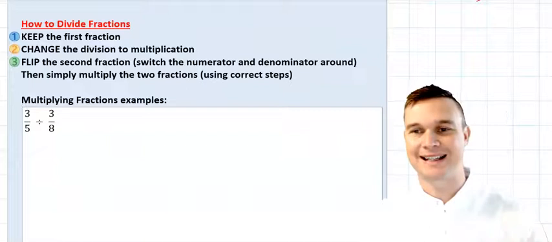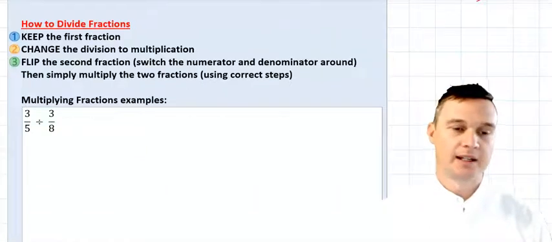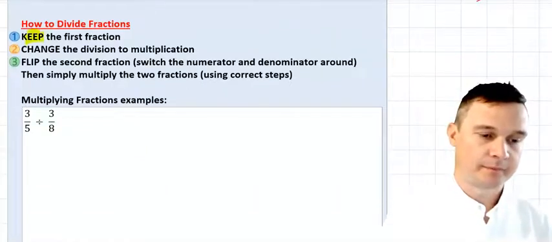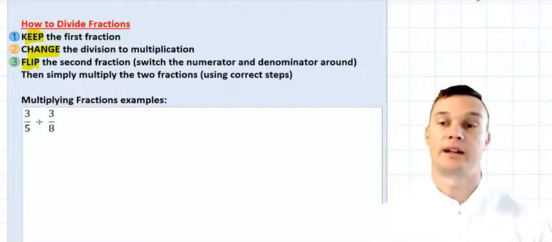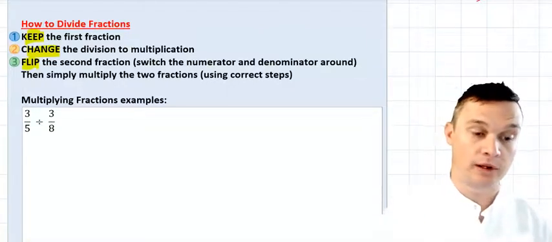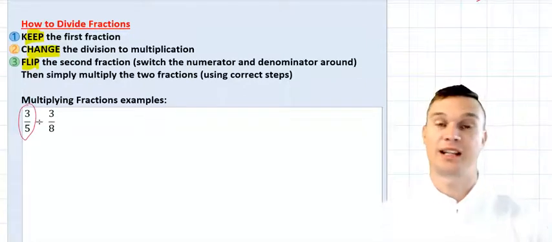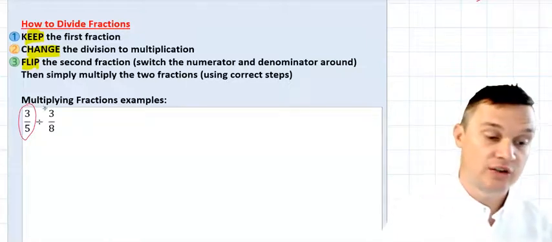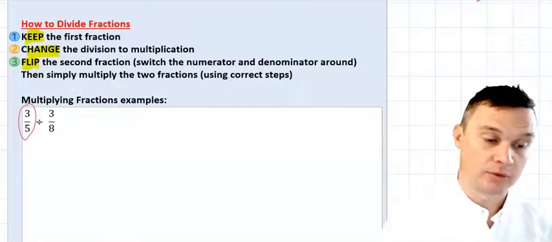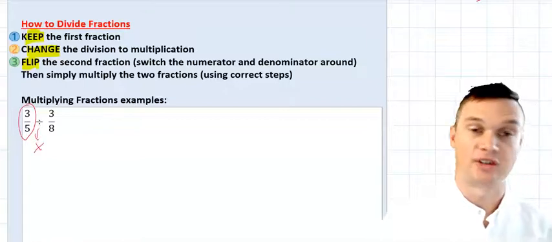The 3 key things here, and I want you to remember this term, is the keep, change, flip method that we use when dividing fractions. The way it works is that you keep the first fraction as is. For the change, you change the division symbol to a multiplication symbol.